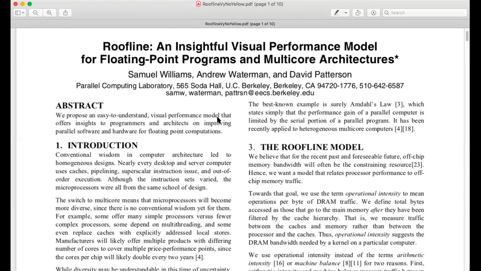And how can we overcome these obstacles to move towards the peak performance that we can achieve using the underlying system?